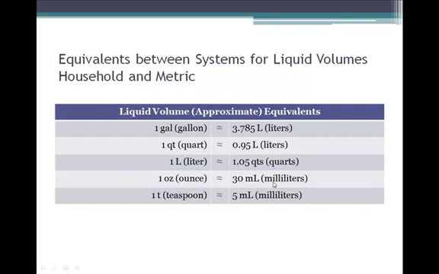And 1 teaspoon is approximately equal to 5 milliliters. Some conversion factors might look at a teaspoon as 4.9 milliliters, 4.85 milliliters. But for most cases, I think it's good enough to consider 1 teaspoon as 5 milliliters.